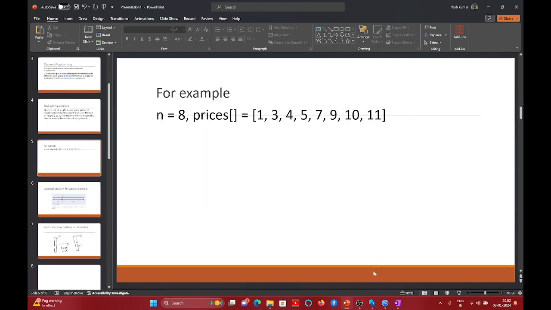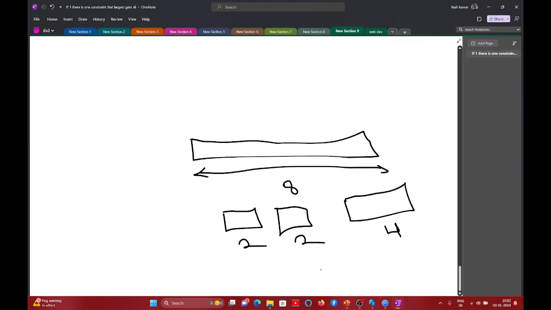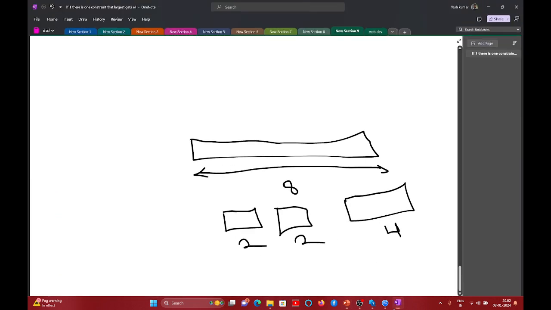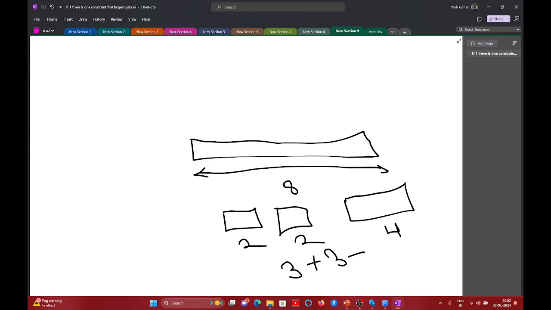The cost for the length 2 rod is 2. No, it's 3, I'm sorry. So the total cost here would be 3 plus 3 plus 5, which comes out to be 8 plus 5, 13.